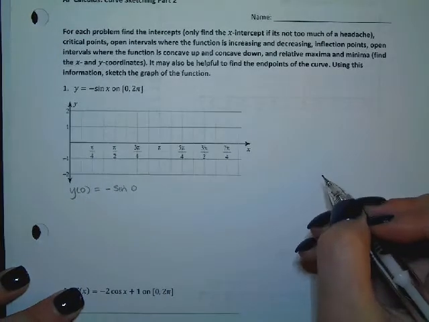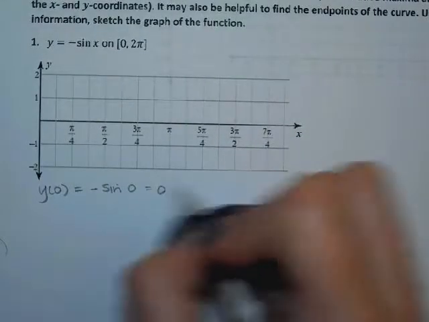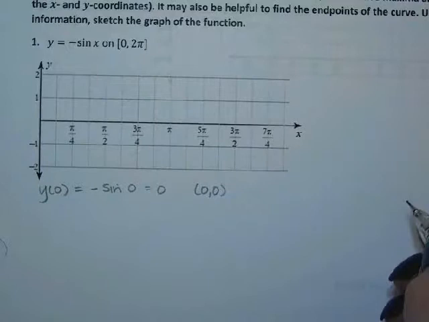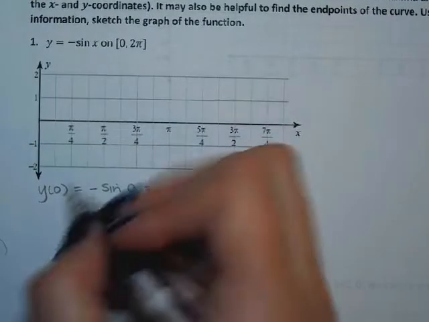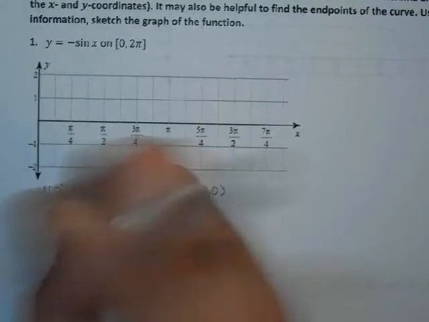What happens when you plug 0 into a sine equation? Gives you 0. So that's actually an x-intercept and a y-intercept. Okay, and then to find the x-intercepts, we take the function and set it equal to 0.